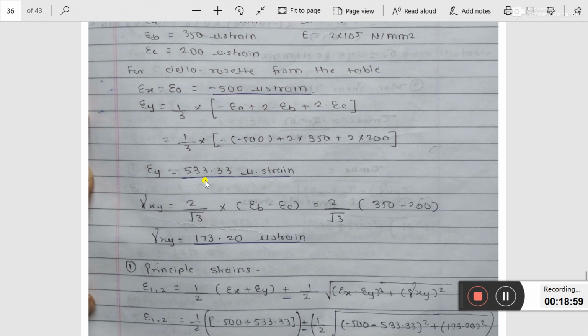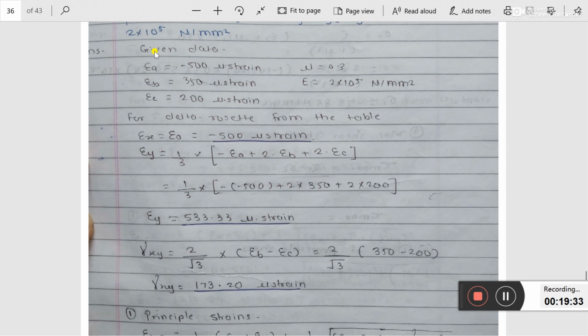The formula for the delta rosette is 2 upon root 3 into, in bracket, epsilon B minus epsilon C. Here 2 upon root 3 is the constant, and I put the value of epsilon B, 350, and the value of epsilon C, 200. By solving this gamma XY equation, I get gamma XY is equal to 173.20 microstrain.